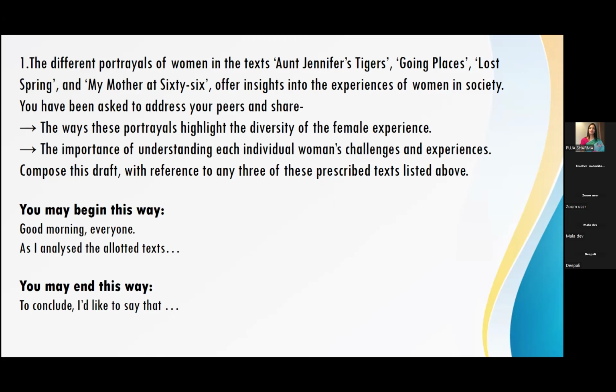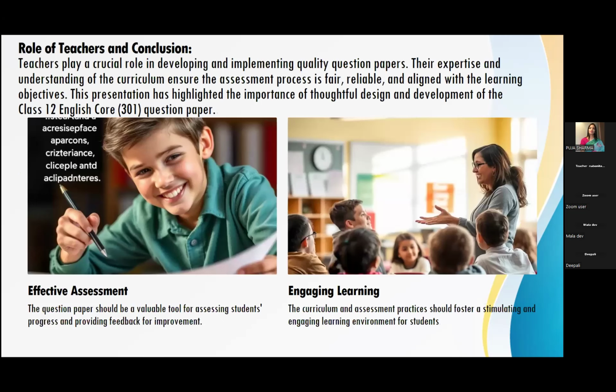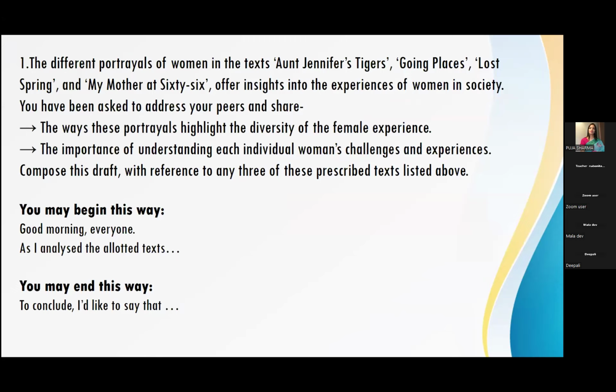Okay, the next slide, again one question. Previous slide now. Previous, thank you. The different portrayals of women in the texts Amanda's Jennifer's Tigers, Going Places, Lost Spring, and My Mother at Sixty-Six offer insights into the experiences of women in society.